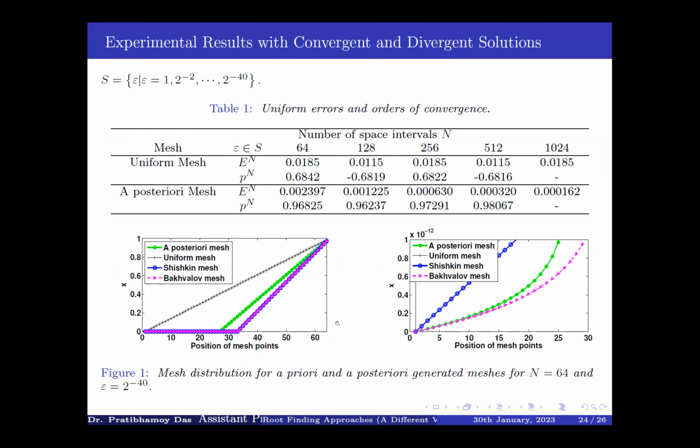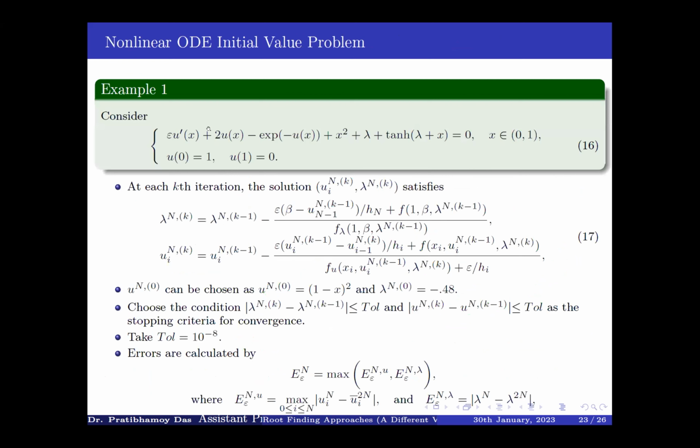So Shishkin mesh is something. Suppose you are having a problem whose solution is having unbounded elements. Solution can have unbounded elements. So if your problem is having two variables, let's say one is x and another is a parameter, let's say epsilon. For example, in this case itself, solution u is depending on the independent variable x, and in addition to that, there is a parameter epsilon, and epsilon's value is small.